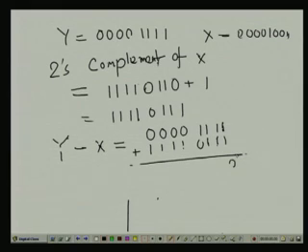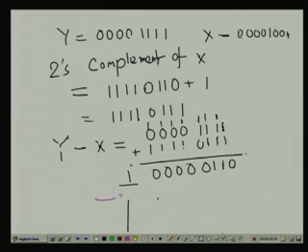So, 1 plus 1 is 0, carry 1, and so on, carry 1 each time, until overflow, and this is neglected or discarded.